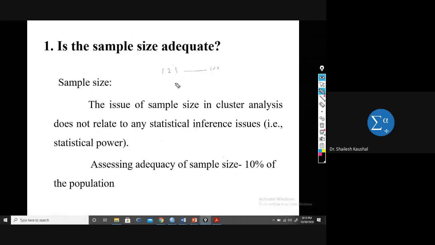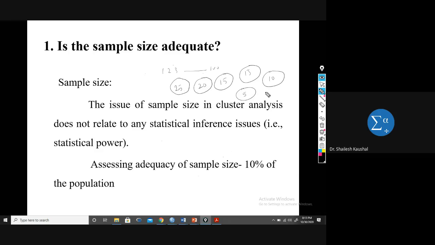So I can divide these 100 heterogeneous buyers into some clusters like cluster 1, cluster 2, cluster 3, cluster 4, cluster 5. In this cluster there may be 25 people, 20, 15, 13, and another 10, and in another cluster there may be only 5 buyers.